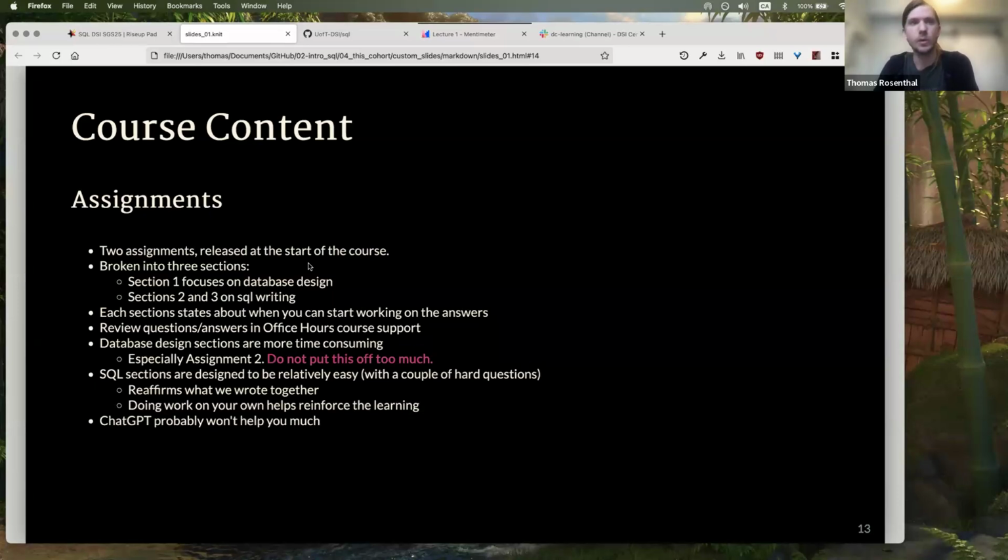There are some hard questions, and really what we're doing is reaffirming what we wrote together. When you do the work yourself, it really helps to reinforce that learning, right? And I always add that ChatGPT or other Gen AI probably doesn't help you too much. I don't know. Some people have tried, but SQL isn't the best GPT. It's not quite as good at things like that.